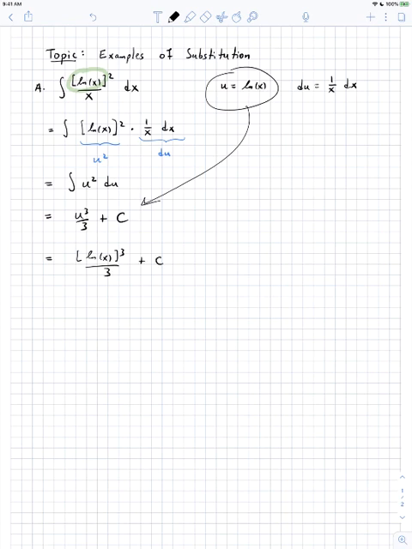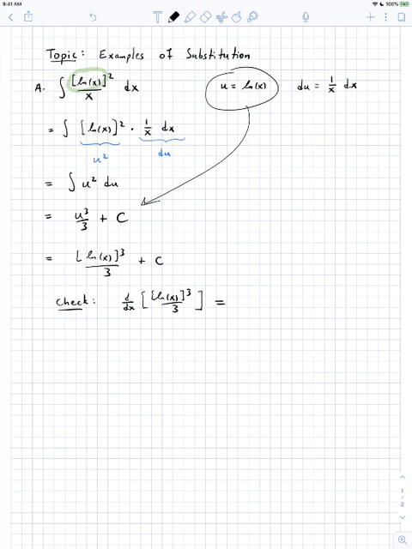Now once again, a good way of checking to make sure that this is the correct answer is to differentiate it. If you differentiate it, you will indeed get ln of x quantity squared over x. It's not hard to check because we just have to use the chain rule. The derivative with respect to x of ln of x quantity cubed over 3, we don't need to worry about the plus c because the derivative of the constant is 0.